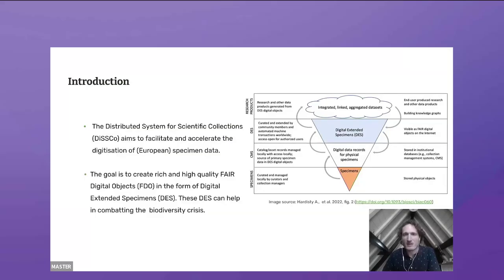And what is a digital extended specimen? That's here on the right side, where we start with the specimen itself, the physical object. We then create our first metadata record of it, often in a collection management system.